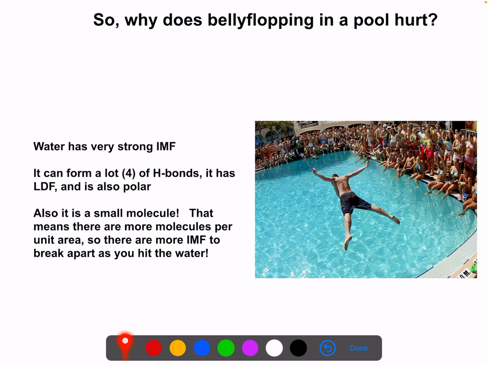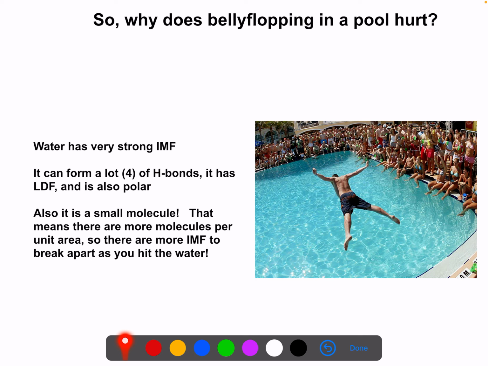Water is a small molecule, and being a small molecule, it means there's a lot of water molecules in the surface of your body. And it can hydrogen bond so well that it's just so much energy to do. In fact, if you've ever watched people practice diving in a pool, one of the things they do is they have a bubbler and they just send bubbles up to the surface of the water.